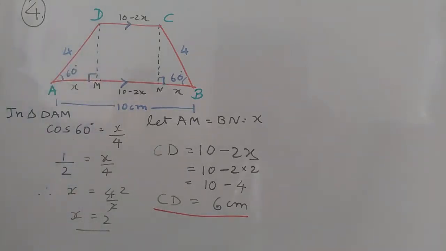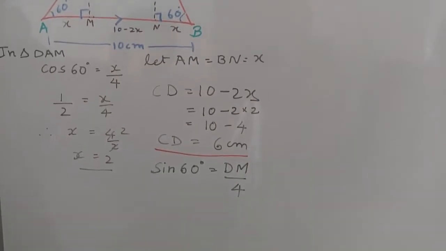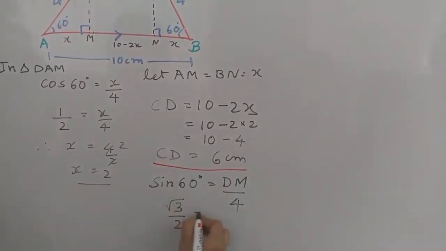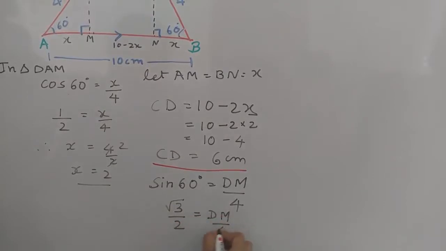So I write here, sine 60 degrees is equal to DM upon 4. Sine 60 value is root 3 by 2. So I substitute: root 3 by 2 is equal to DM by 4. Therefore DM is equal to 4 multiplied by root 3 upon 2.